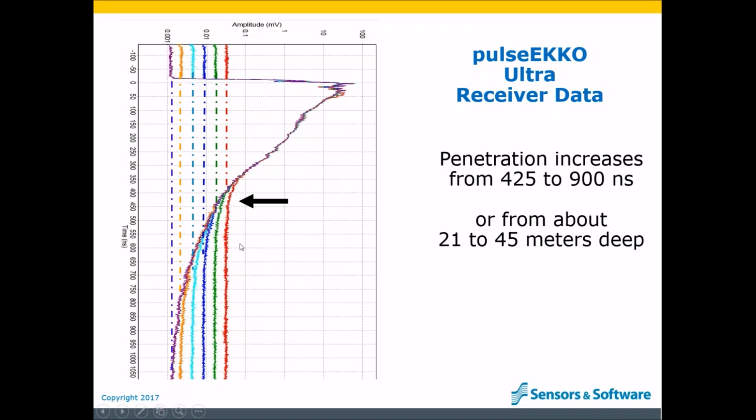The penetration at 32 stacks is about 21 meters, or 425 nanoseconds. The penetration at 32,768 stacks is about 45 meters, or 900 nanoseconds, more than double.